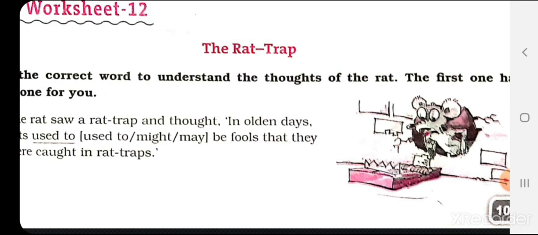You have to choose the correct one. Because it's olden days, we are talking about the past, so we will write used to for past habit. The rat saw a rat trap and thought, in olden days rats used to be fools, that they were caught in rat traps.